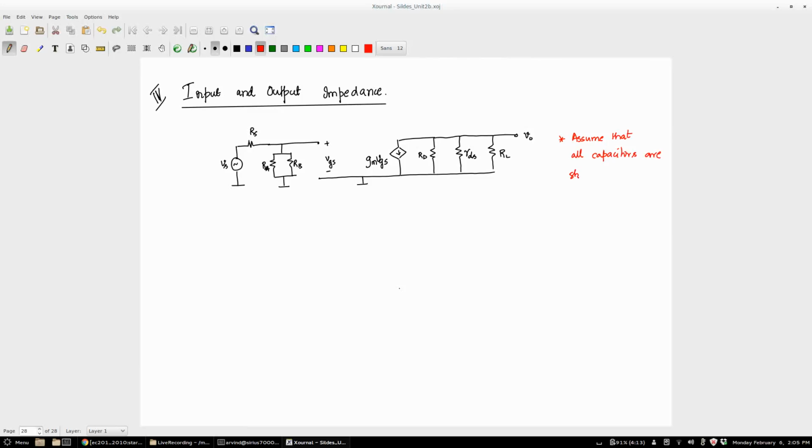This is assuming that all the capacitors are shorts.